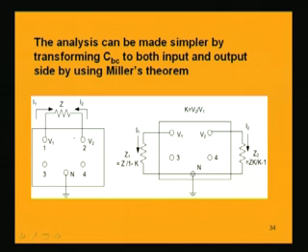What is Miller's theorem? Let us take V1 and V2 at the two nodes 1 and 2 having an impedance in between them, which is Z. Now, the current I1 is flowing through Z from V1 to V2 and current I2 is flowing from V2 to V1.